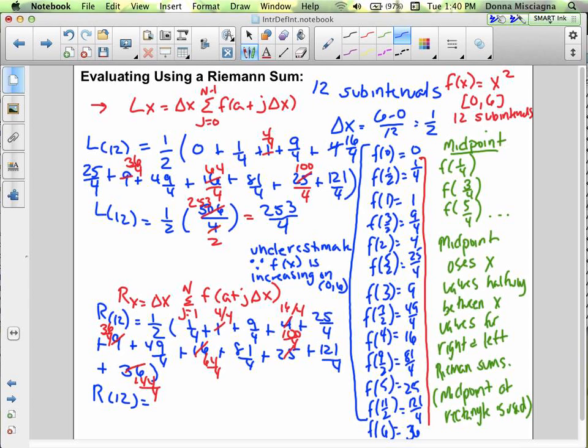So let's just do 1/2 times. Before we had 506. I'm going to assume that there were no other mistakes. I see 12 values and all the right 12 values. So 506 plus 144 is 650. Divided by 4, and we could reduce that.